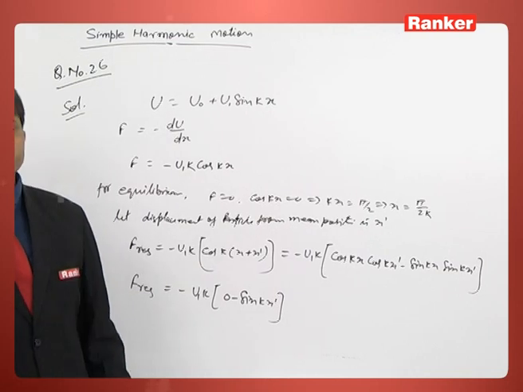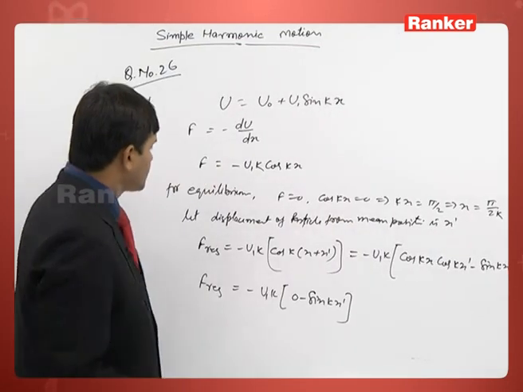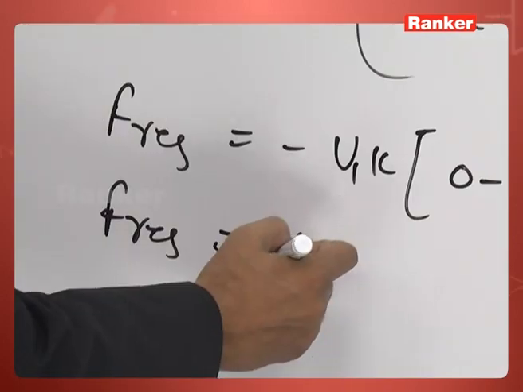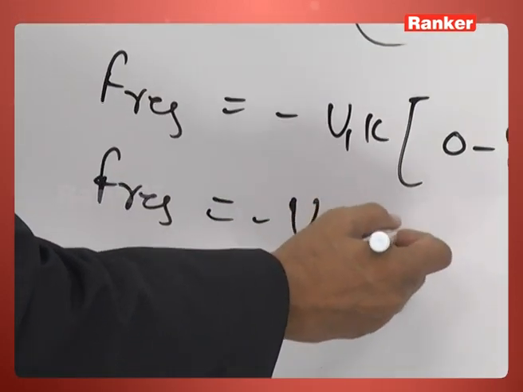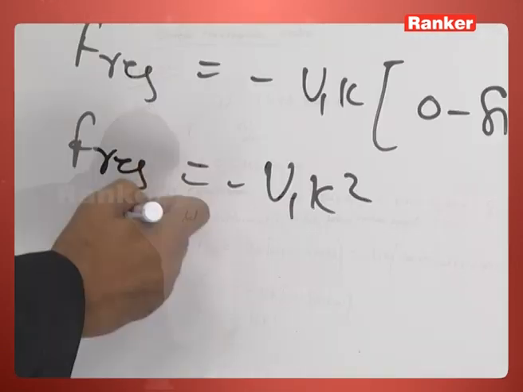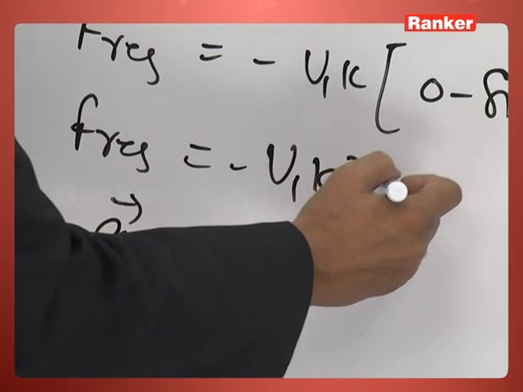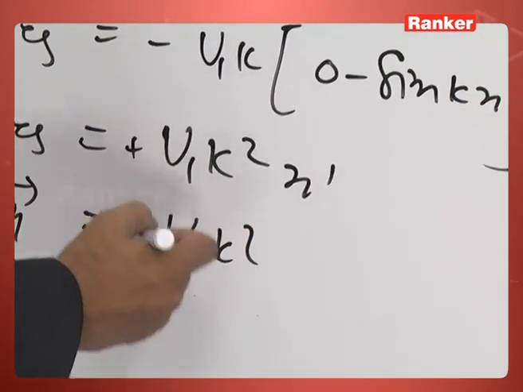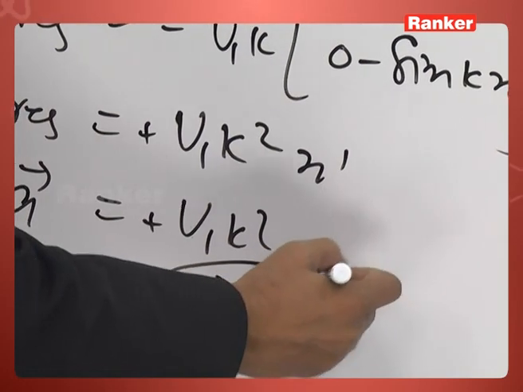Since displacement is very small, F restoring is your u1 k square, then acceleration a is equal to u1 k square by m x dash.